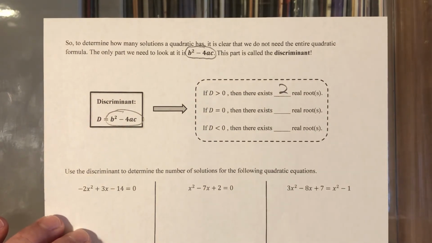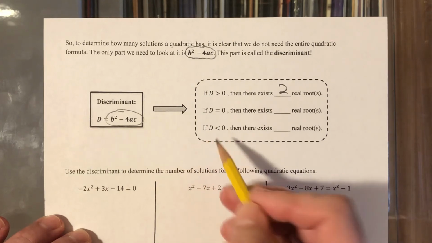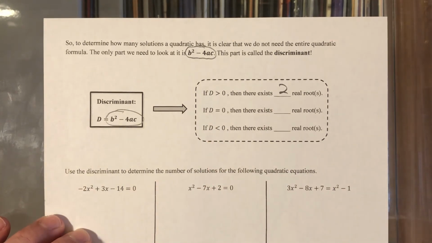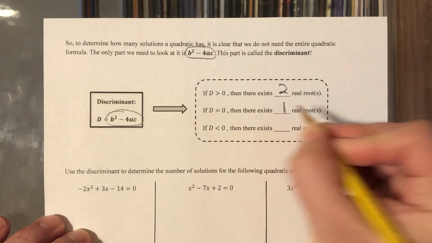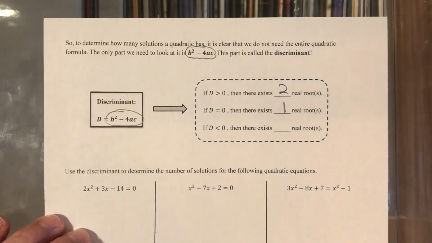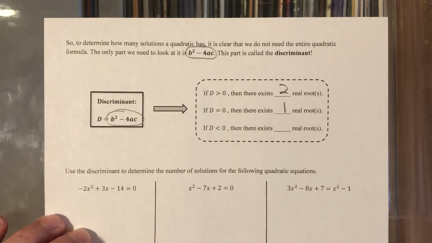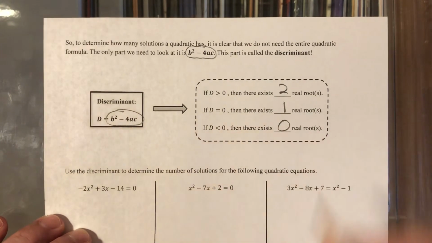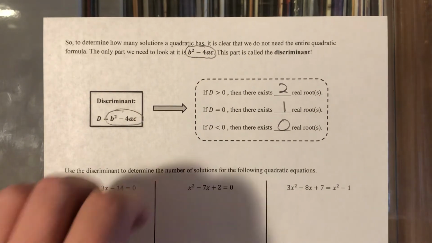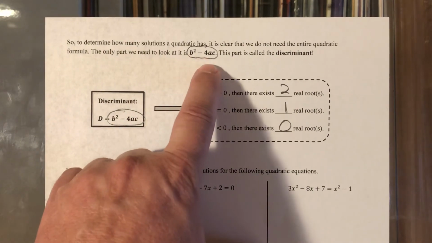If the discriminant is equal to 0, then there exists one real solution or one real root. And finally, if the discriminant, or b squared minus 4ac, is less than 0, then there exists no real roots.